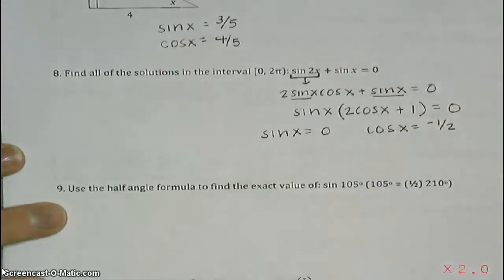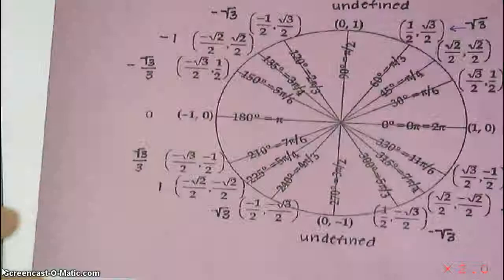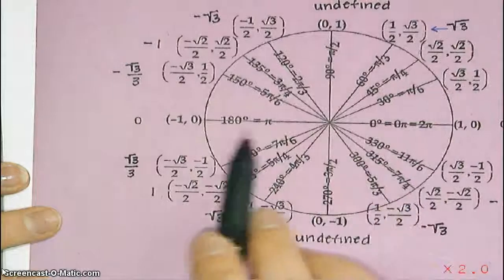And then what you'll need to do is look on the unit circle where sine is equal to 0. And that happens at 0 and pi.